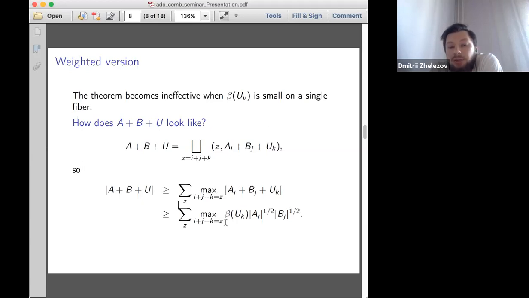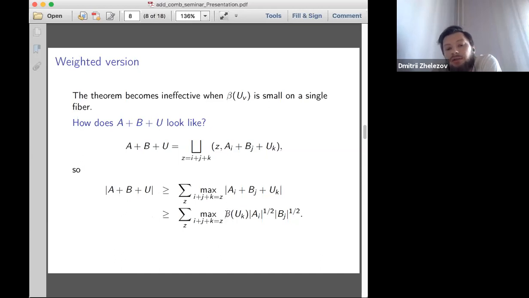And then here we can apply by induction our beta for each slice. So here we have this universal inequality, which is surprisingly simple. And we need somehow to bound this sum in terms of A and B, in terms of the sums over i's and j's, in order to close the induction.